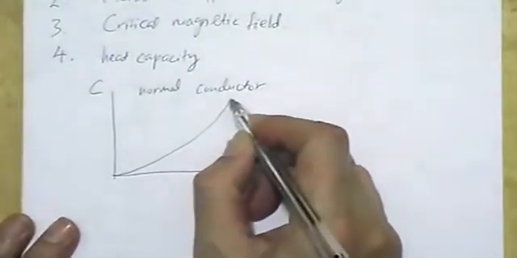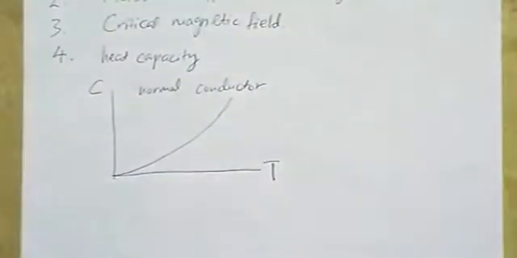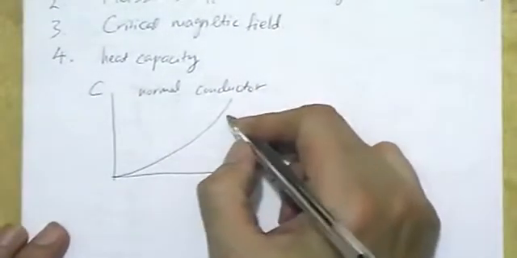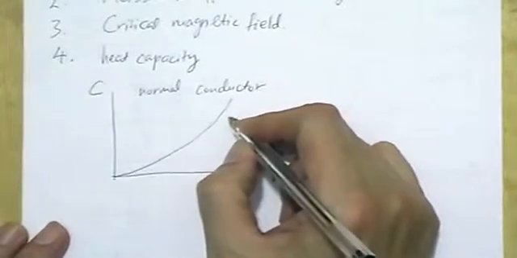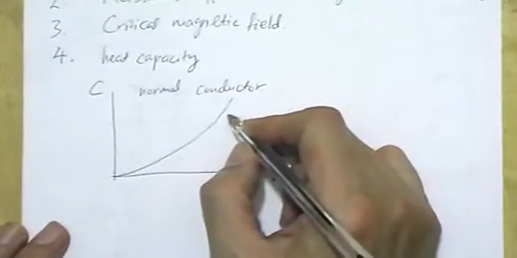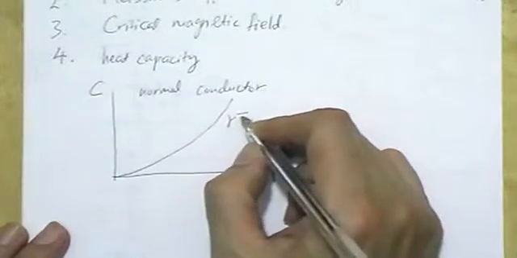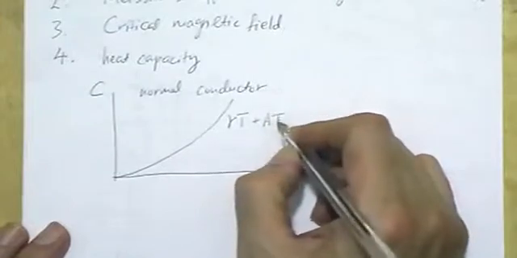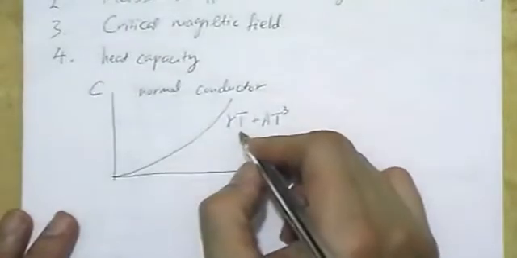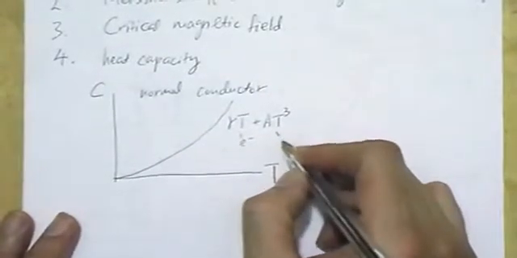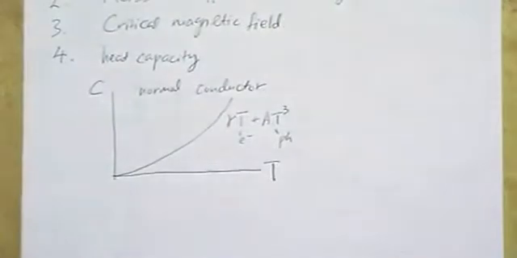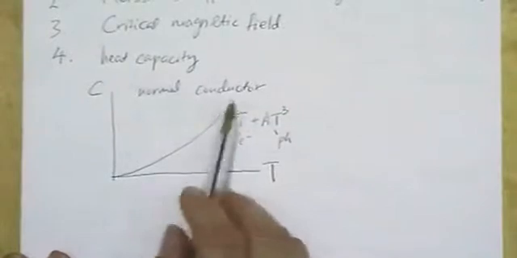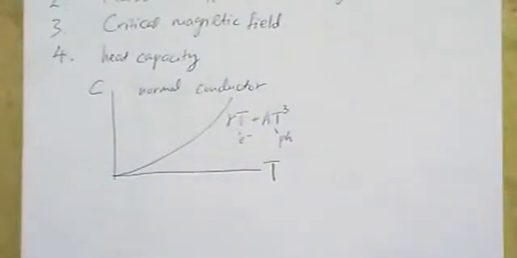It would be a curve described by the expression a constant times the temperature plus another constant times the temperature cubed. So we've learned earlier that this term comes from the electrons, that term comes from phonons. There are these two contributions that we have learned. That's a normal conductor.